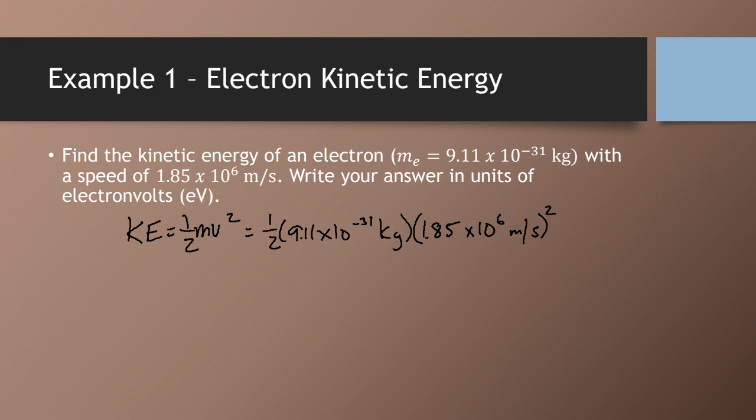If you plug this into your calculator, you should get 1.55895 times 10 to the minus 18 joules. We want to write the answer in electron volts, so this is just a unit conversion.